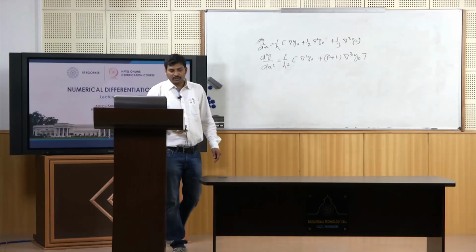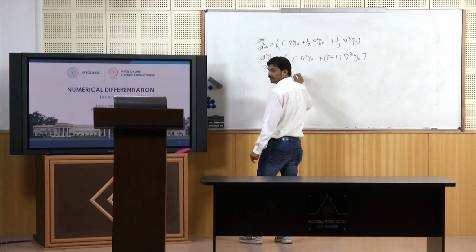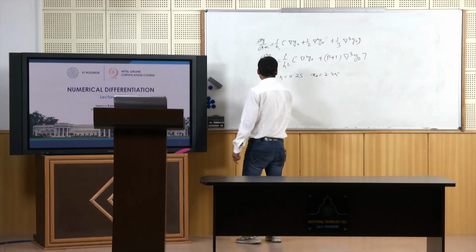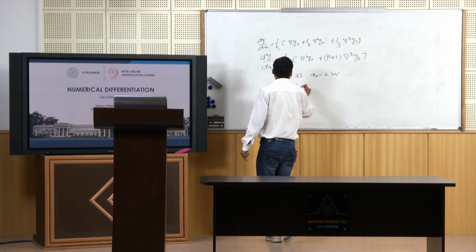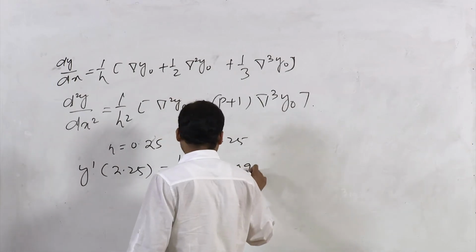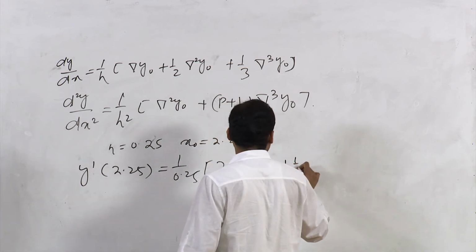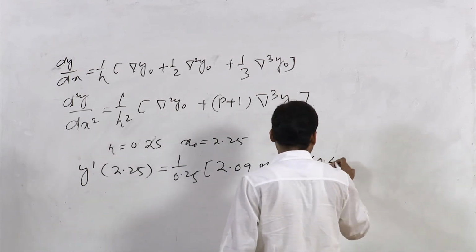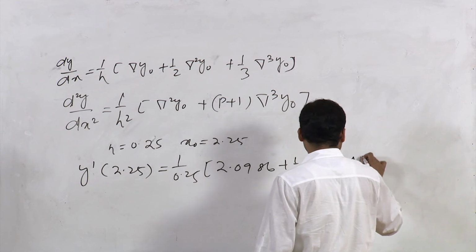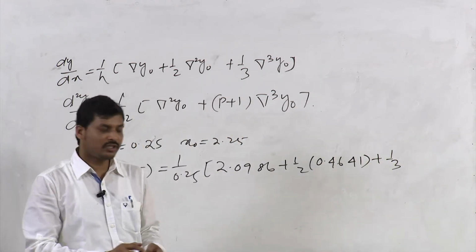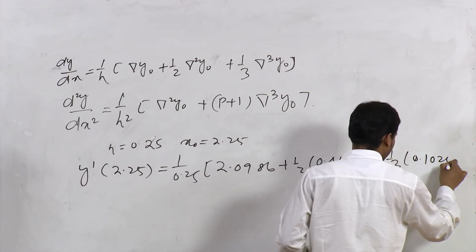And if we put h equals 0.25 and x0 equals 2.25, then we obtain the derivative y dash at 2.25 as 1 by 0.25 times the tabular value nabla y0, which is 2.0986, plus half into the second value, nabla square of y0, which is 0.4641, and the last value 1 by 3 nabla cube of y0, which is 0.1025.